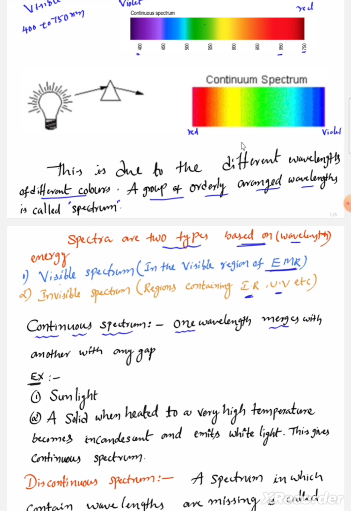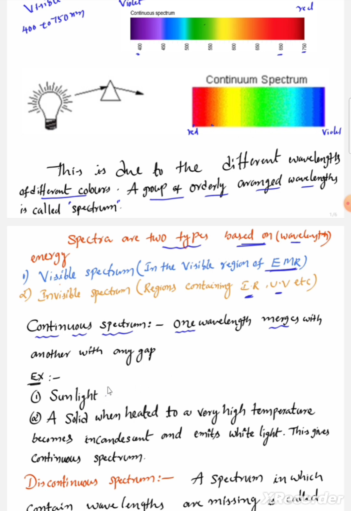For example, you can see the colors of a rainbow. Red color merges with orange, yellow, and green. There is no gap between these colors. These all are merged into each other. This type of spectrum we are calling continuous spectrum.